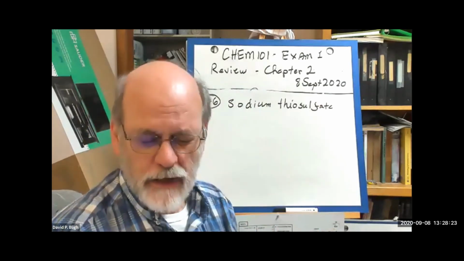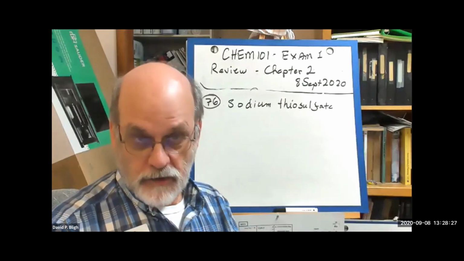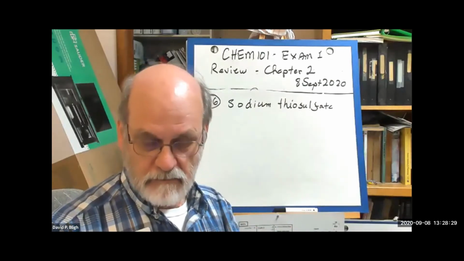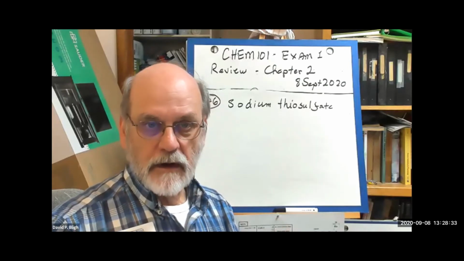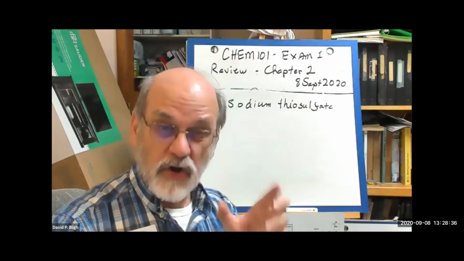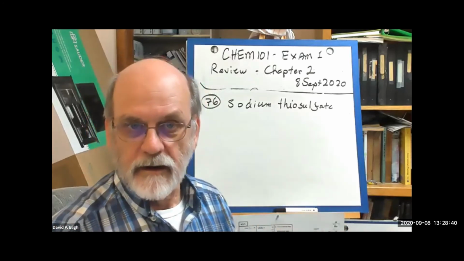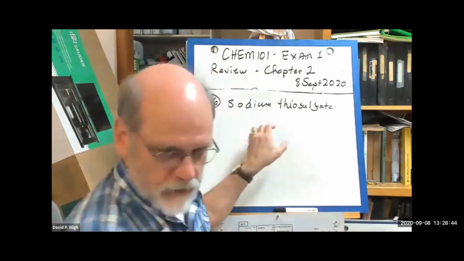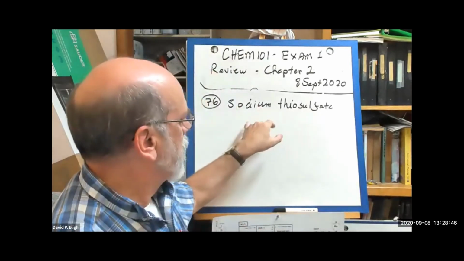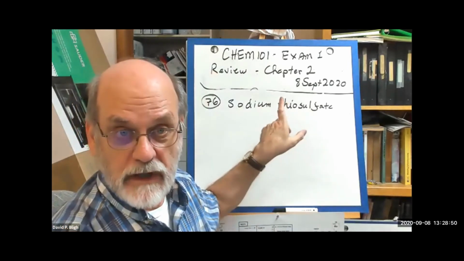How do you know if you've got to look up your polyatomics? Because you have a chart, and it'll be in the exam document. How do you know that you need to look up the formula for a polyatomic? If it's a name and it's not directly related to an element.